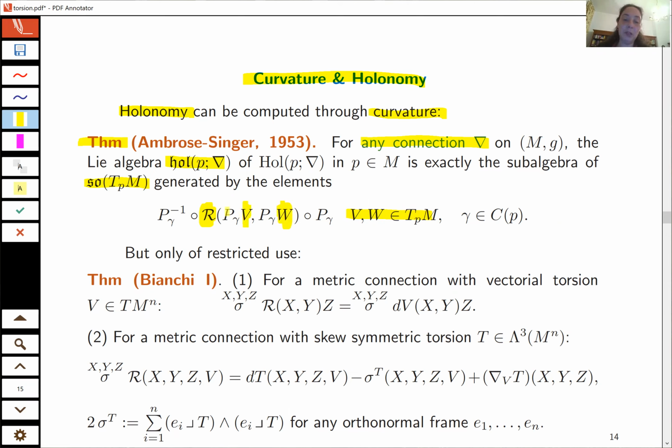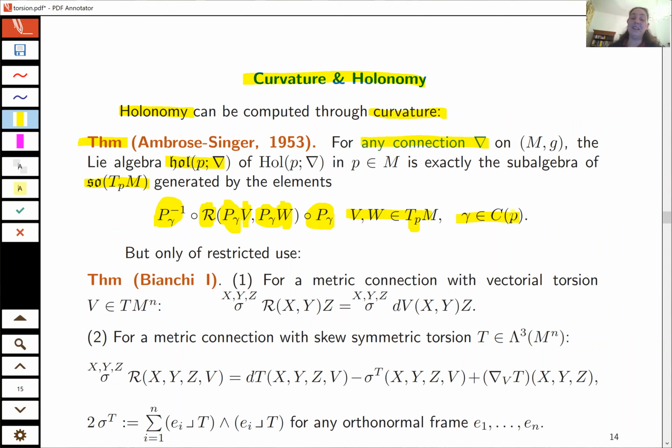I put the parallel transport in front. So I move from one point to another via parallel transport, and then I use conjugation by parallel transport to move back and forth to always stay in the point P, for any path gamma. So up to conjugation, basically the composition of parallel transport will generate the curvature tensor. Or the curvature tensors will generate the holonomy algebra. Maybe this is the better way to put it.